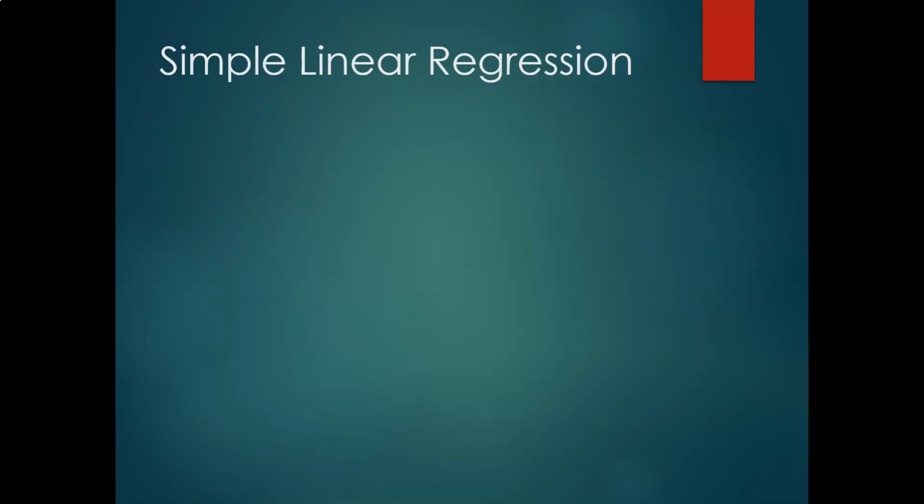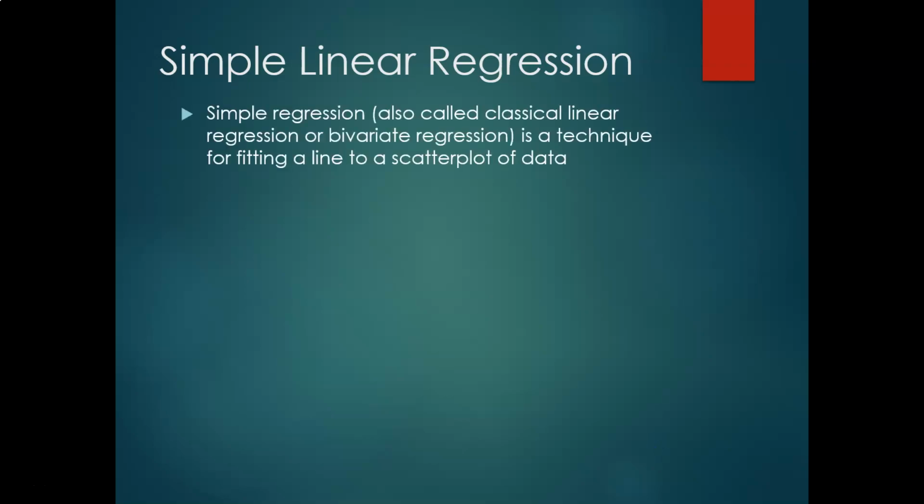And the line matters because the two values we're seeking in order to build our model are going to be something called the intercept and the slope. And those are both products of the line that we draw. So simple regression, also called classical linear regression or bivariate regression, is a technique for fitting a line to a scatter plot of data. It's exactly what we were just trying to do, trying to fit that line to that scatter plot of data such that it is as close as possible to every single data point.